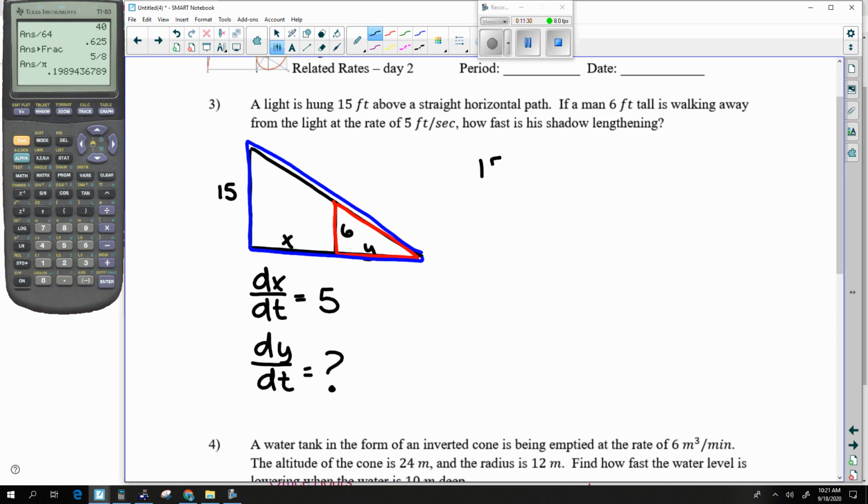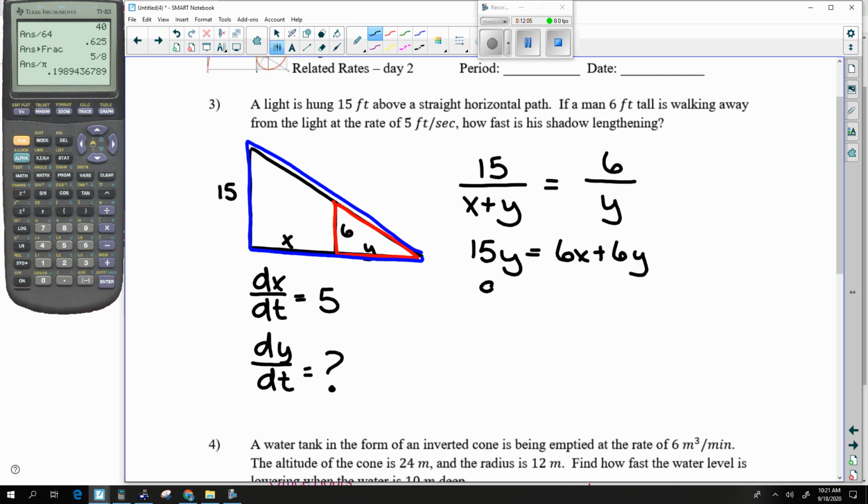All right, so let's set up the big triangle. So the side is to its base is equal to the little triangle. The side is to its base. Okay, the side to the base is the side to the base. Again, this is way easier than how I show in a different video. All right, cross multiply, so that's 15y is equal to 6x plus 6y.